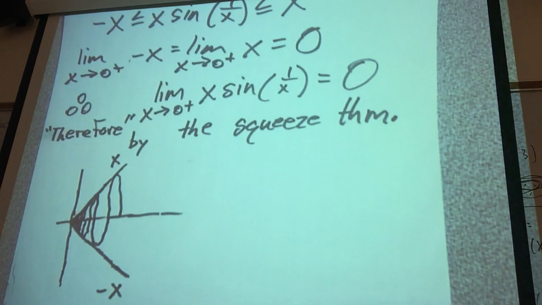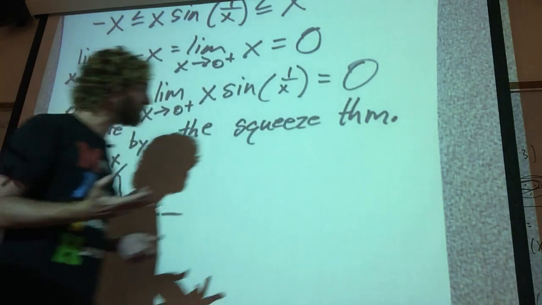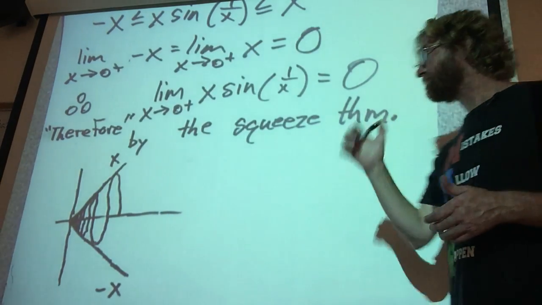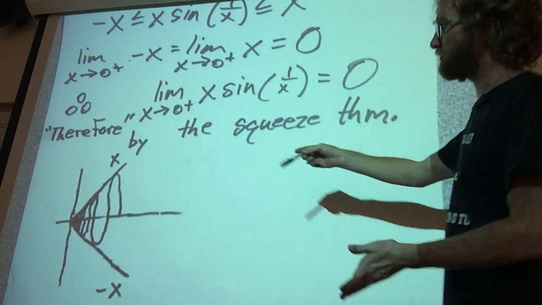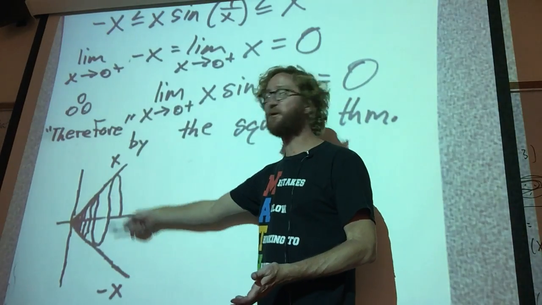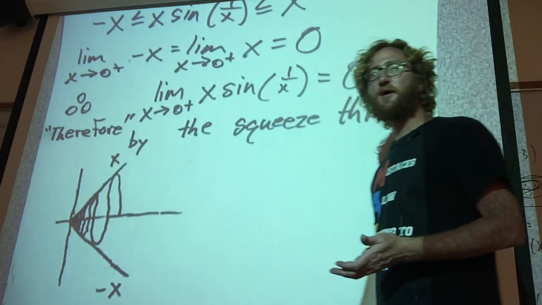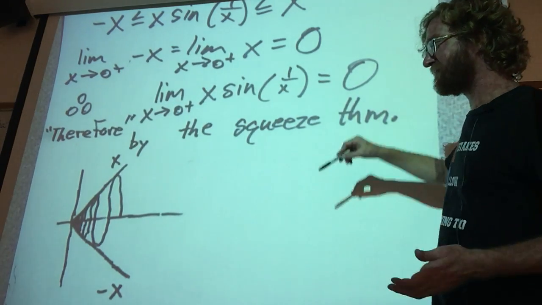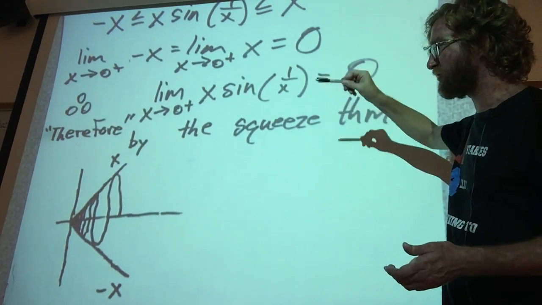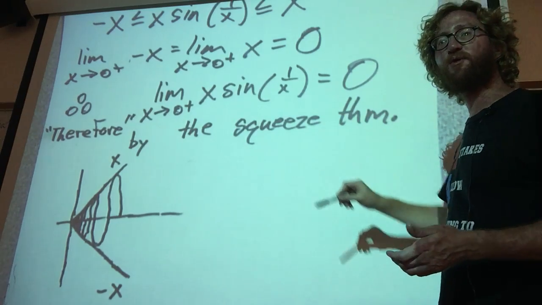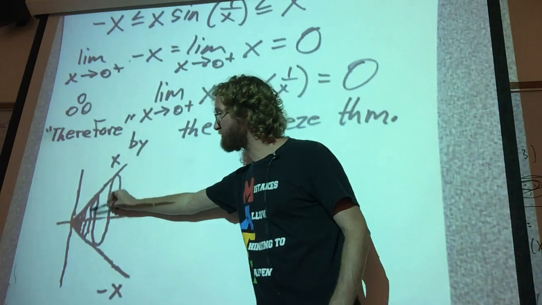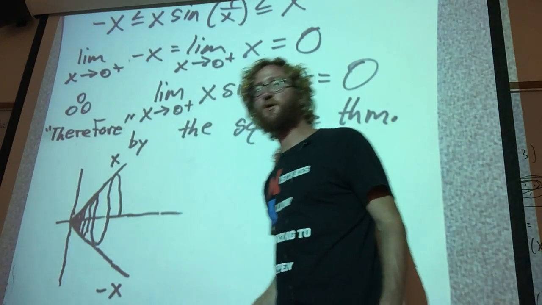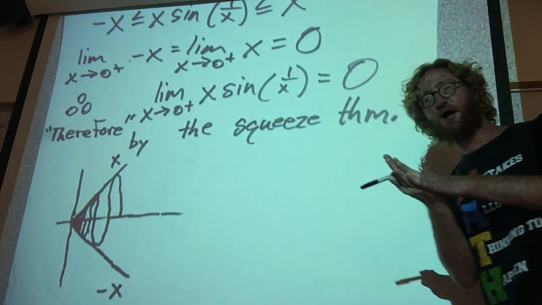Now, this is what is meant by the squeeze theorem, or the two cops and a drunk guy theorem. As we tend towards 0, I have a bounding function which is an x and a negative x, and they're both tending towards the same spot. And so despite the fact that x sine of 1 divided by x wants to wobble and move around, both of those guys are headed towards the same spot, so that forces the guy in the middle to be squeezed into the same spot.